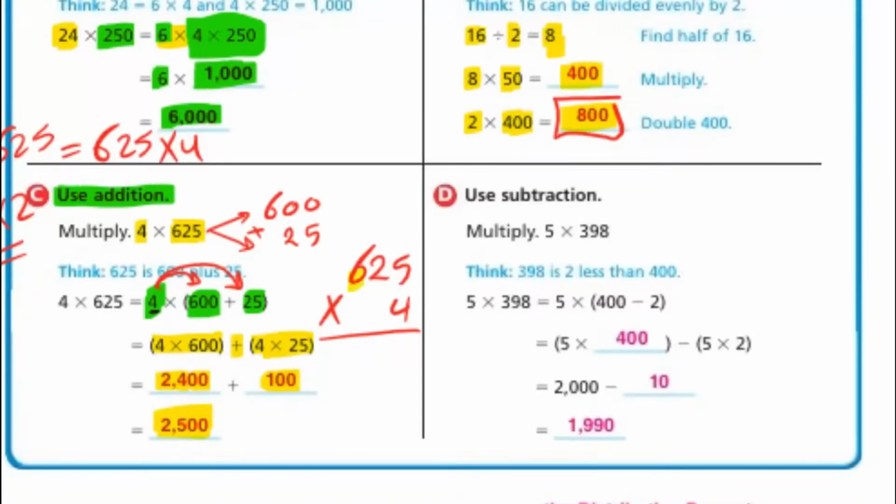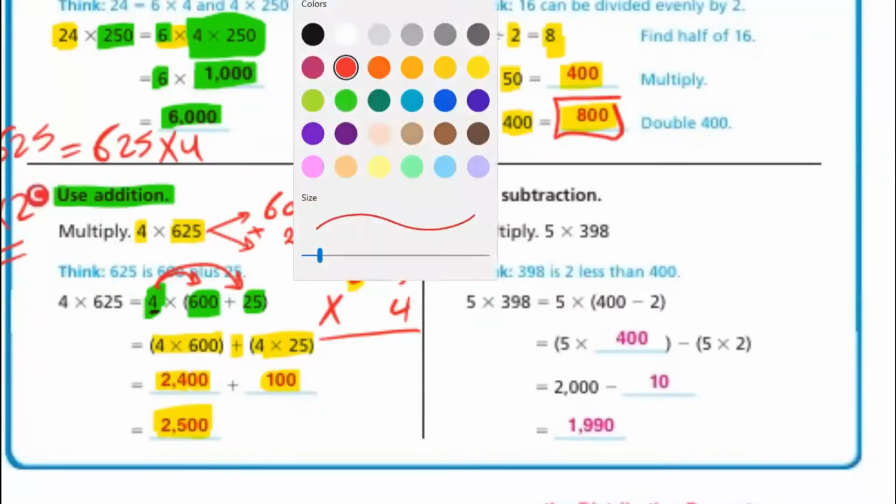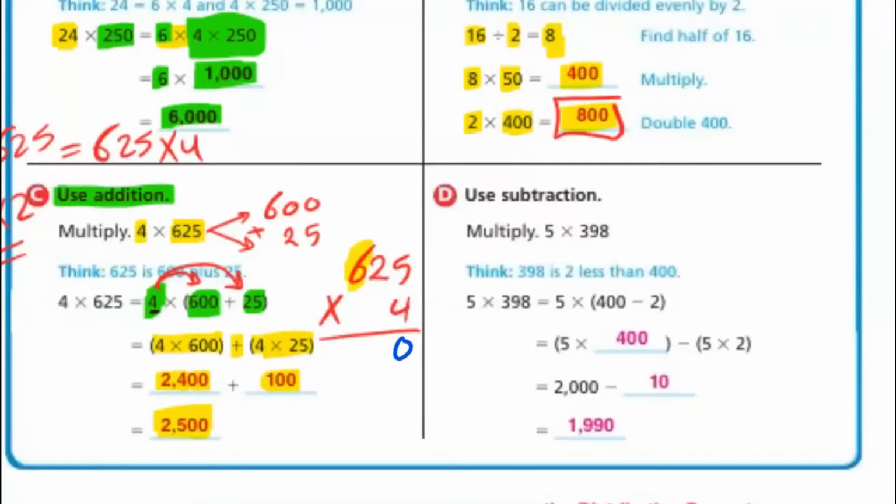Okay, first of all, we have 6 here, right? 6 in hundreds place. So let's write 2 zeros here, and let's multiply 6 by 4. 6 multiplied by 4 equals what? Equals 24. So write 24 here. And then let's move to the next one.